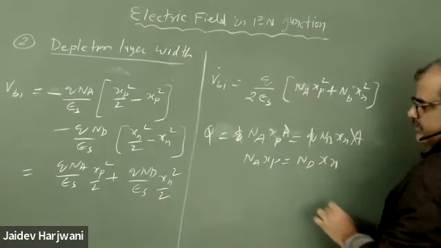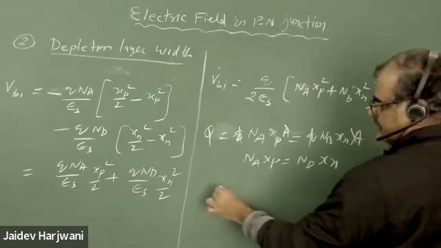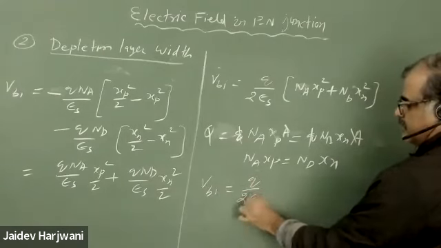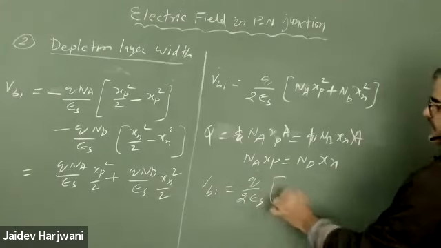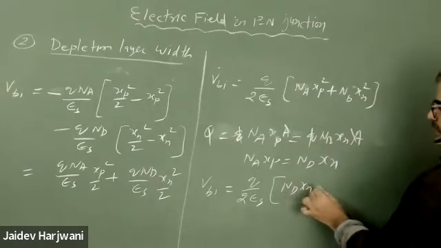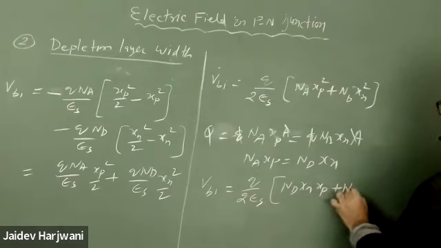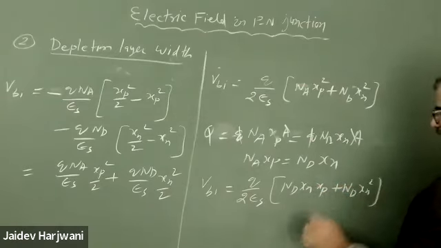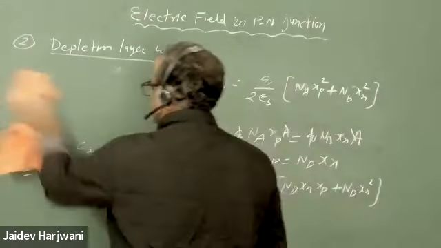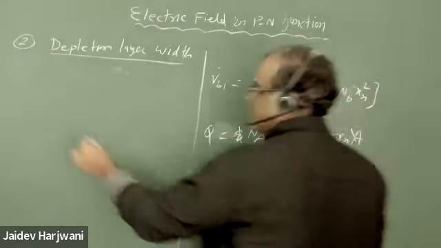We saw that one yesterday. Now you can use this one and replace xp, so I can write VBI will be equal to q upon 2 es, na xp, I can write nd xn, then I have xp also here, then here I have nd xn square. Now if I take nd xn common, it's all I'm doing to bring the depletion layer width into the picture.